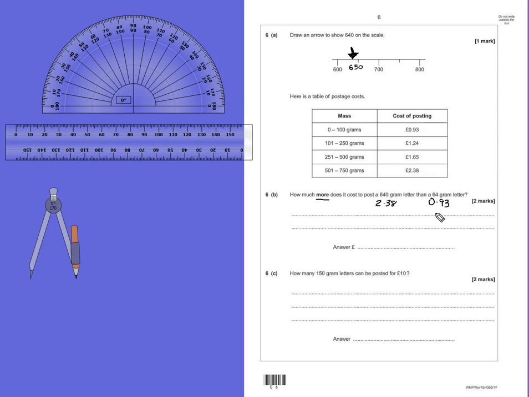Now we know how much these 2 letters cost, we can work out what the difference is. Because to find out how much more it is, it's what would you have to add to it, or we do it backwards, a subtraction.